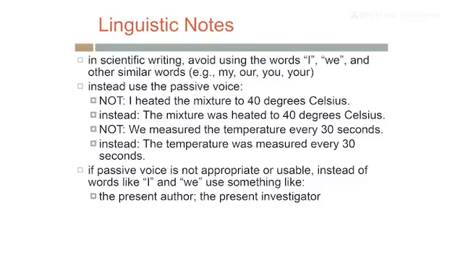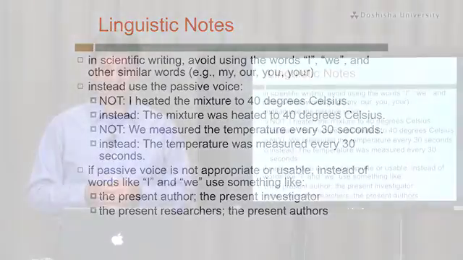Or the present investigator. If there's more than one of you, then the present researchers or the present authors concluded that, and so on. But usually, passive voice will work fine. So where possible, use passive voice rather than one of these alternates to the words I and we. I know it's a strange one, but that's modern scientific English writing.